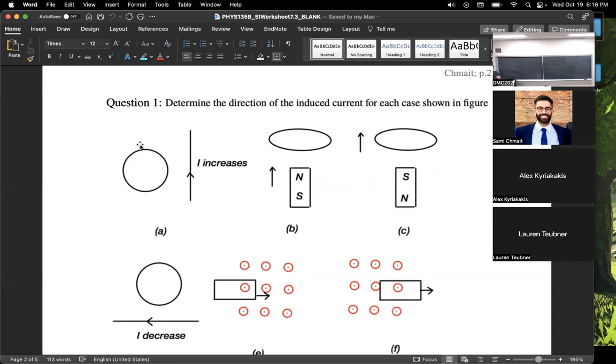So we have I increasing, so we have more coming out of the loop. We have increased B field coming out. By Lenz's law, we need to have more going in. In tells us clockwise. Therefore, your induced current here is clockwise.